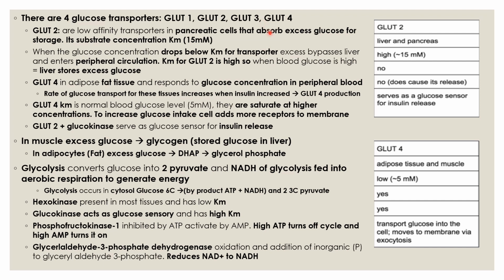So when the glucose concentration drops below the substrate concentration for the transporter, excess bypasses the liver and enters the peripheral circulation. Because the Km, the substrate concentration for GLUT2, is high, when blood glucose is high, the liver stores the excess glucose as glycogen, which we'll be talking about later.